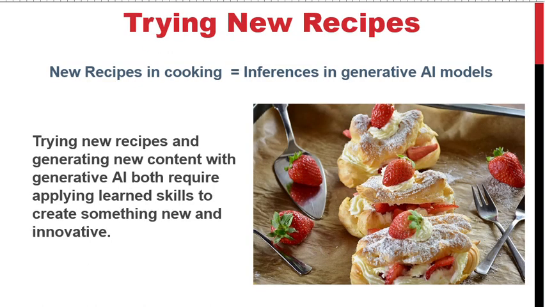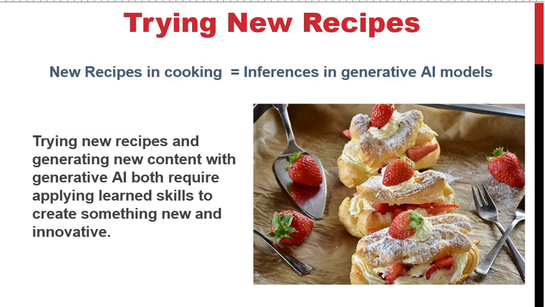Trying new recipes. Just like we love to try new recipes in cooking, inference is equivalent to that in generative AI models. You can combine different garnishes, you can try different kinds of ingredients.